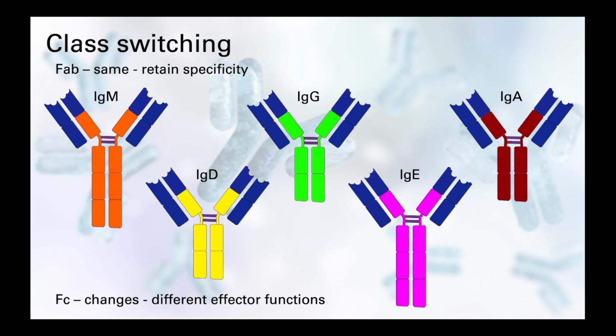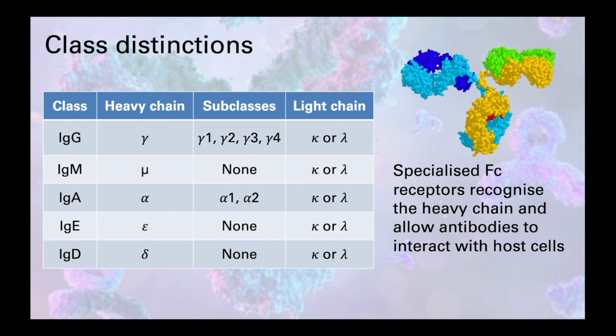The class or isotype that an antibody belongs to is determined by the heavy chain, and we denote this with the Greek letters gamma, mu, alpha, epsilon, and delta to represent IgG, M, A, E, and D respectively.